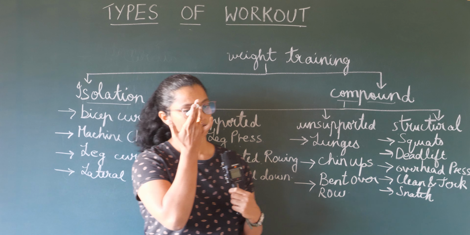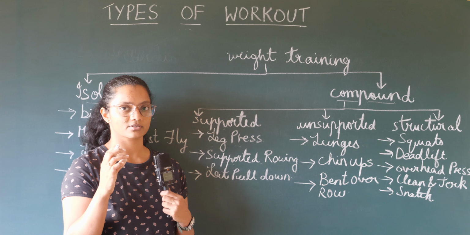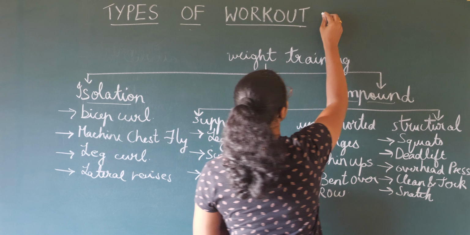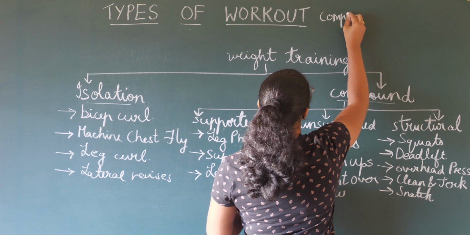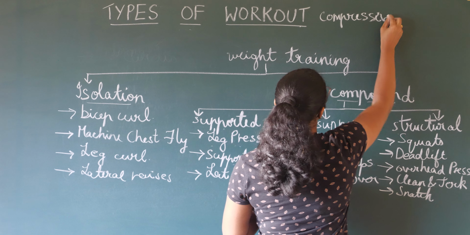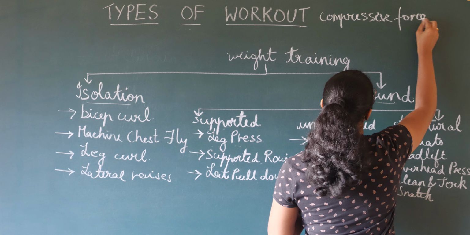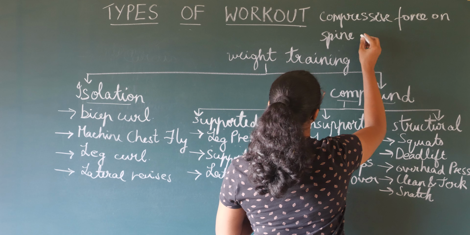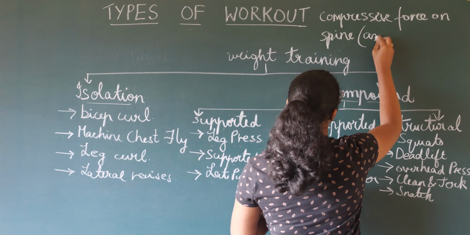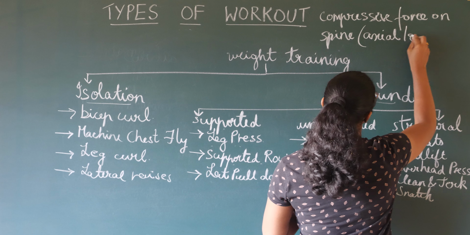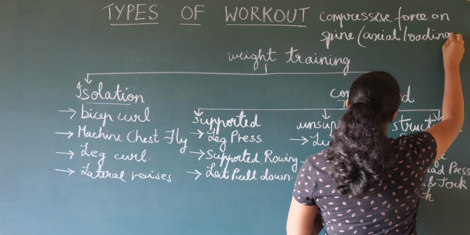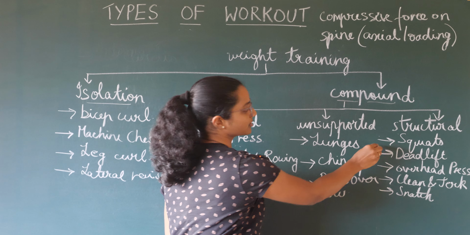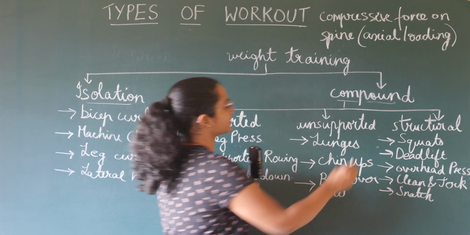Now here, it puts a compressive force on the spine, and this is important. This is known as axial loading. So in a structural movement, there is axial loading. This is very important.